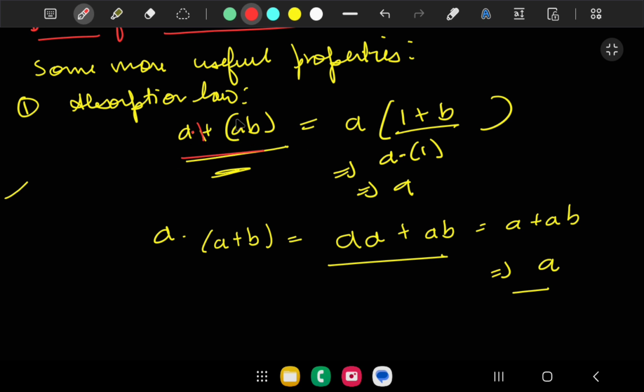If we try to solve it, we get A(1 plus B), taking A common between the OR sign. Then 1 plus B is 1 only, and we get A only. Similarly, for the other one over here, we multiply it with A plus B, and A into A is nothing but A, and then A plus B, and by absorption law we get A. So this is how we solve it.